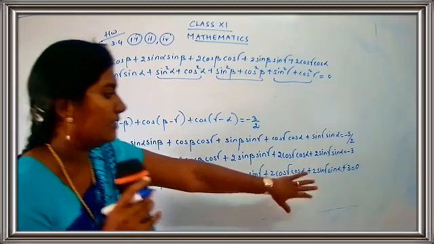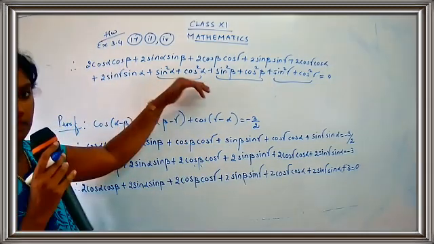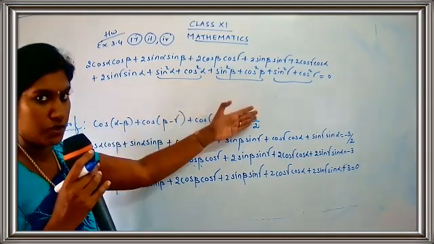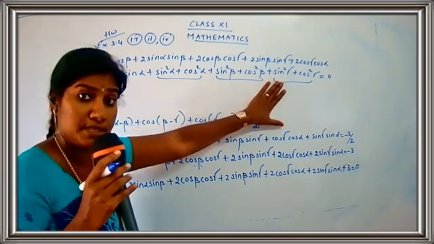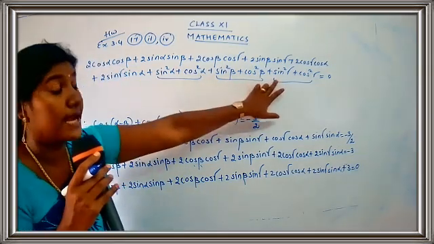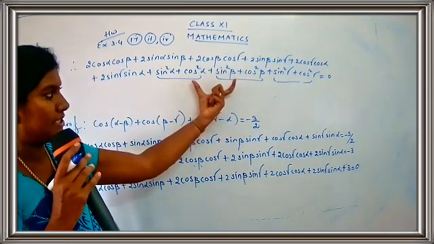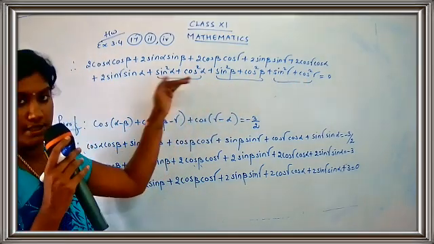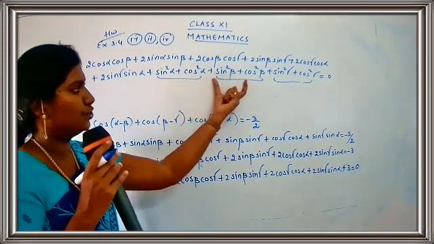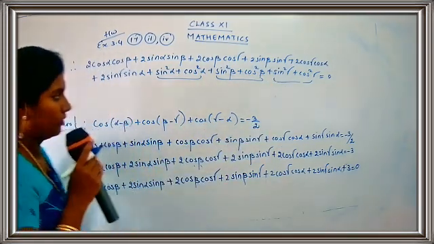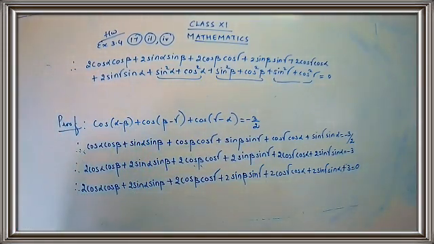So I am writing 3 as sine square alpha plus cos square alpha, sine square beta plus cos square beta, and sine square gamma plus cos square gamma. Okay, children? So the 3 is written as this term. You have totally 1, 2, and 3. I hope you are clear with the step. Good.